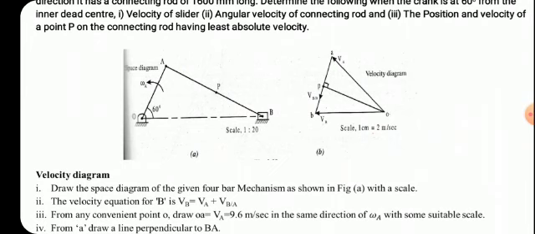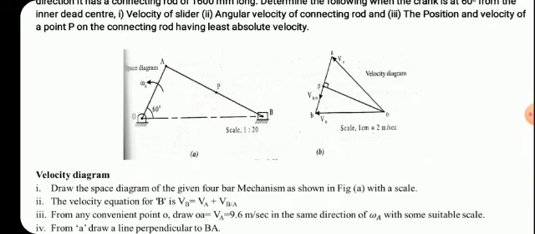Now draw the space diagram of the given mechanism, a single slider crank mechanism as shown in the figure. VB is equal to VA plus VBA. From any convenient point O, draw OA equal to 9.6 meter per second in the same direction of omega A. It can be calculated: VA is omega A into OA length.